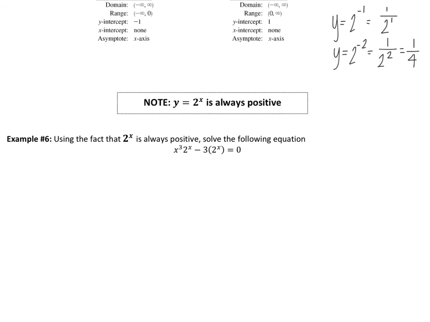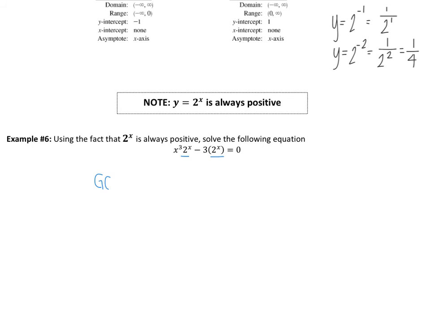Last example for you. Knowing the fact that 2^x is always positive, right? From above with the graph, you can see that. Since it's always positive, we can solve this equation using that fact. So first thing I'm going to do is notice it's in both terms here, so I can factor it out.